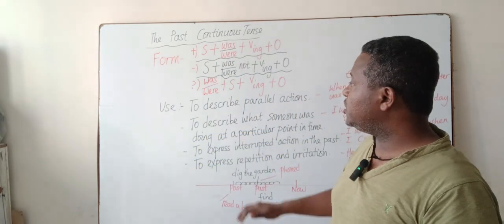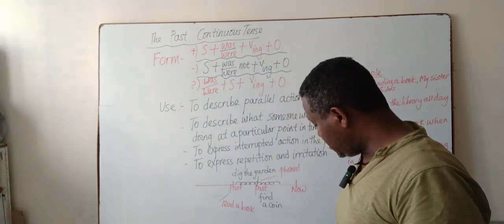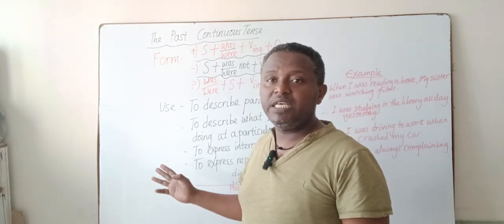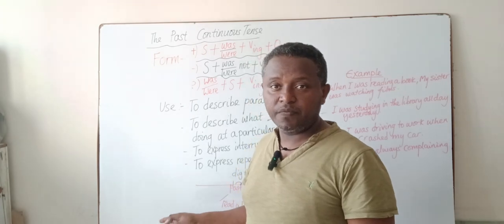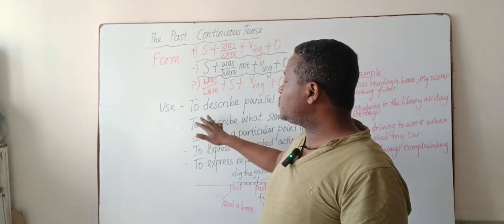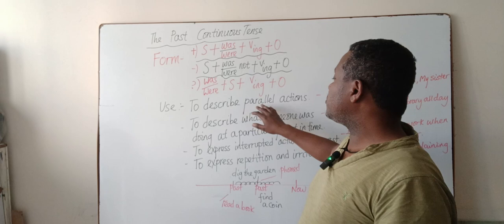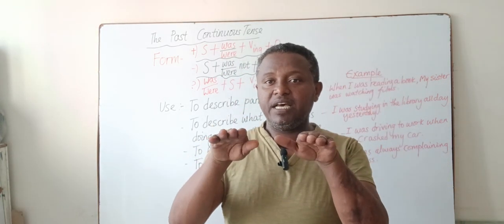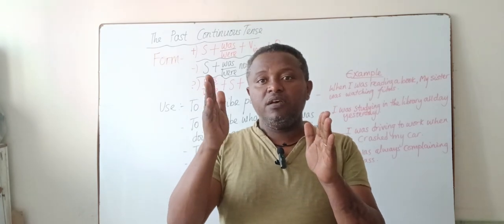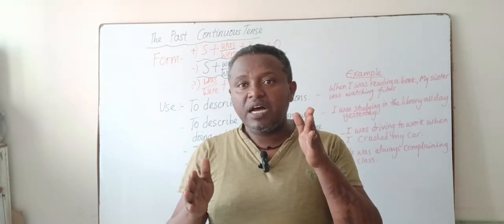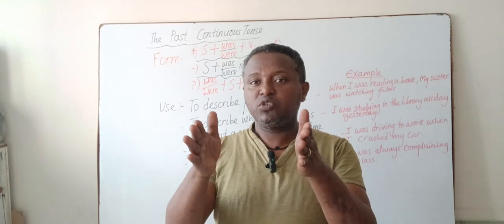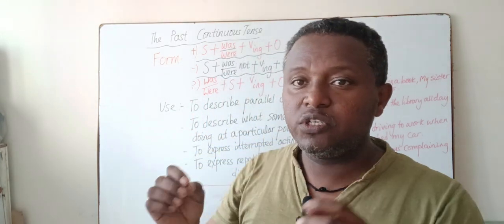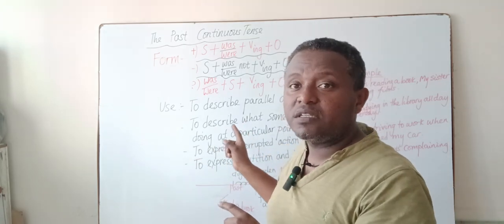Coming on to the uses of the past continuous tense, it is used in a number of situations. The first one is to describe parallel actions in the past. What do we mean by parallel action? When one action was in progress, another action was taking place at the same time. So when you want to talk about these two parallel actions, you can use the past continuous tense.